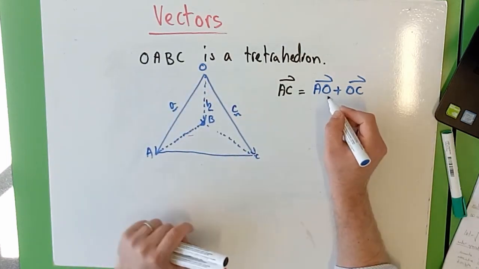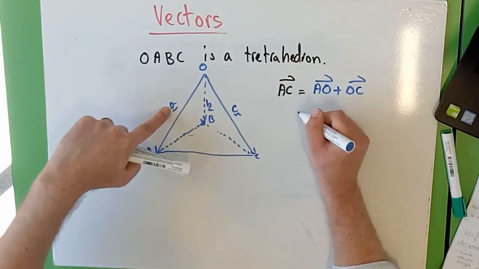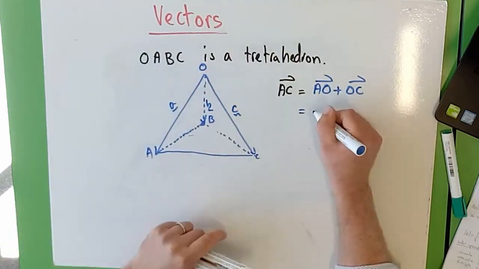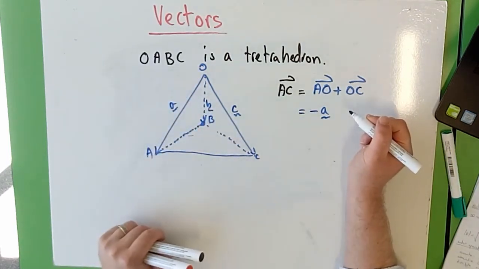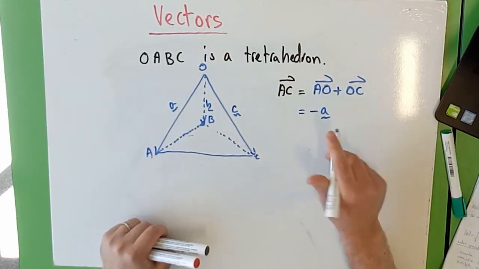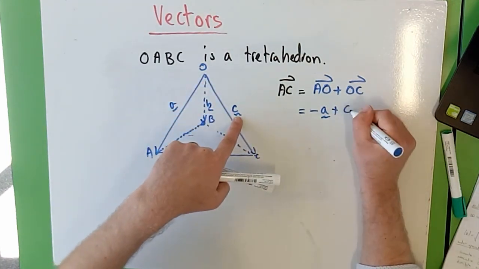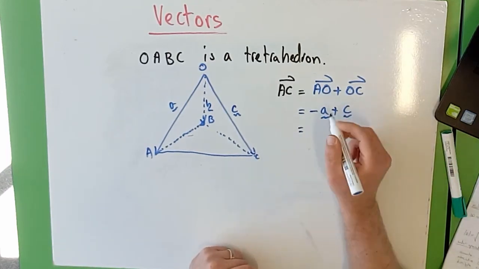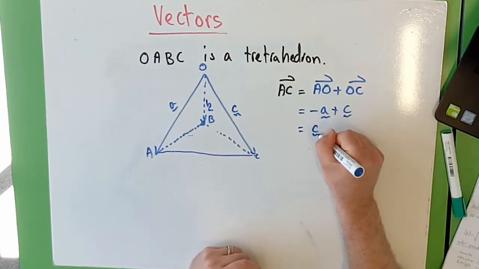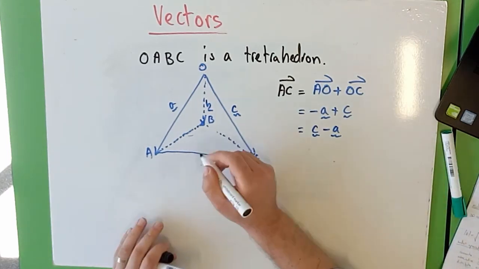Now the O to A is positive a, so A to O is just the negative of a, because I'm going the opposite direction to that vector. The directions are important, so negative a plus O to C. Now O to C is just c, so I can rewrite this in another order. Remember, they commute, so that's fine. So I can write that c minus a.